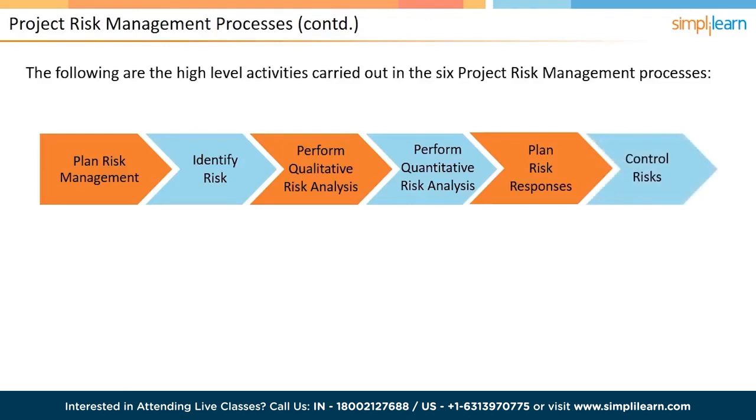This process focuses on implementing risk response plans, tracking identified risks, monitoring residual risks, identifying new risks, and evaluating risk process effectiveness throughout the project. In the next screen, we will look into the flow of all these 6 processes and how it works logically.